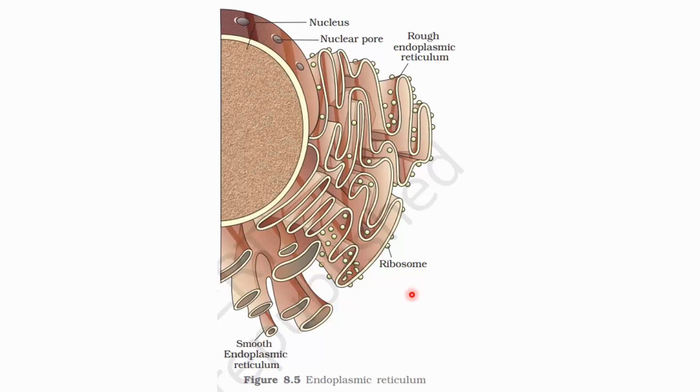This is the diagram of endoplasmic reticulum, and in it we can clearly see that there are two types: the rough endoplasmic reticulum and the smooth endoplasmic reticulum. The diagram clearly represents that in the rough endoplasmic reticulum, the structure we discussed in the last class, the ribosome, is present, giving it a rough appearance and thereby the name.